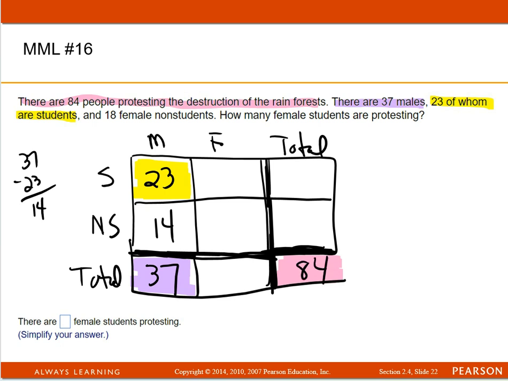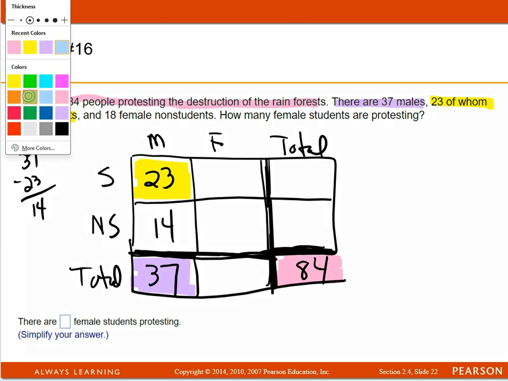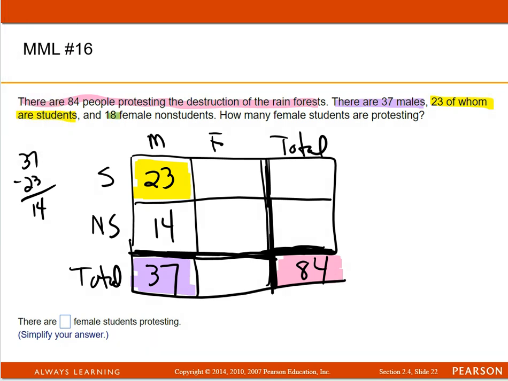Okay, all right. And then there are 18 female non-students. Female but non-student, that would be right here. It's below female but across from non-students, so that's 18.